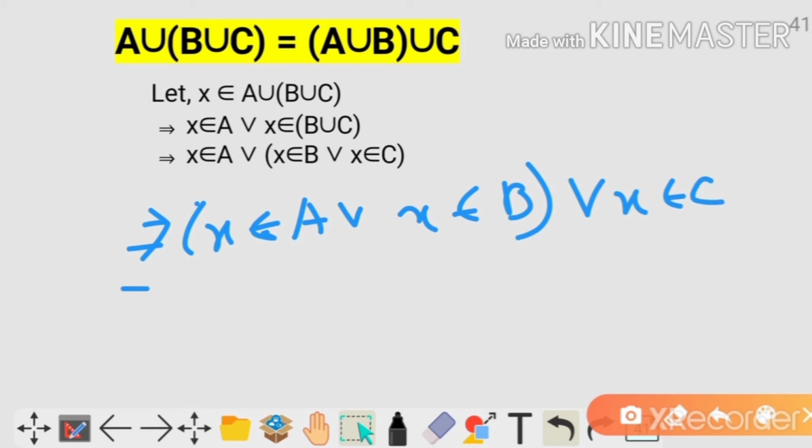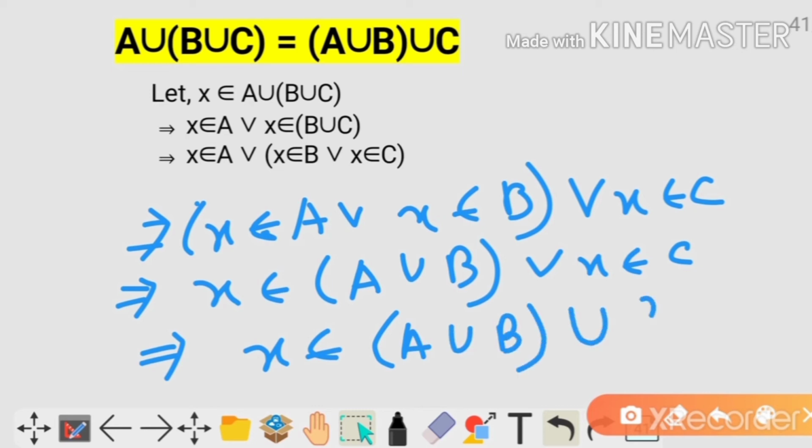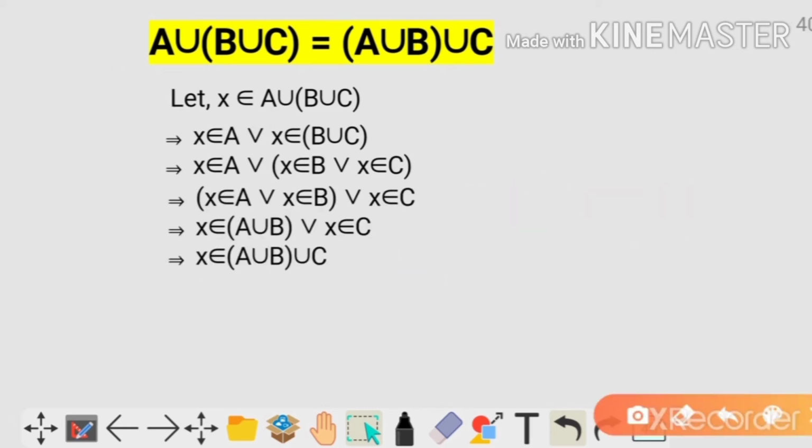Okay, so then I can write it as x belongs to A union B or x belongs to C. Then I can write x belongs to A union B union C. We have taken a point from the left hand side, and we have shown that it belongs to the right hand side.